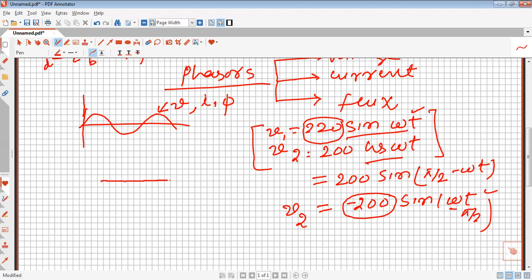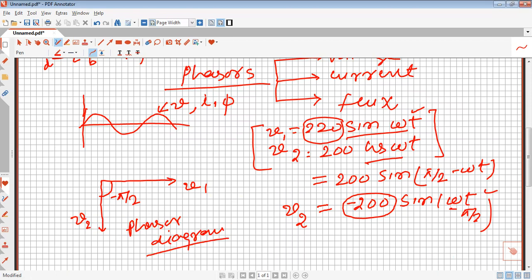If I take the first one, V1, as a reference, V2's angle is negative, so it will be in this direction, minus pi by 2, and this is V2. This is called the phasor diagram of V1 and V2.